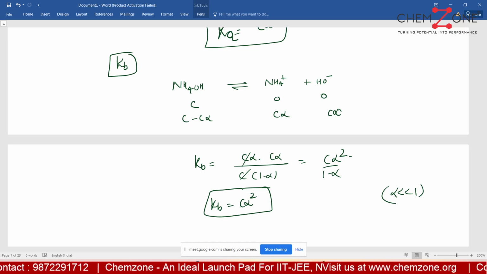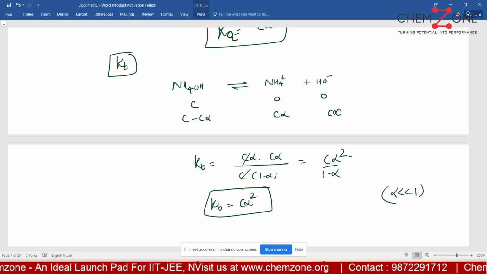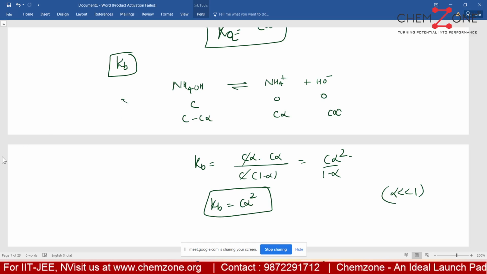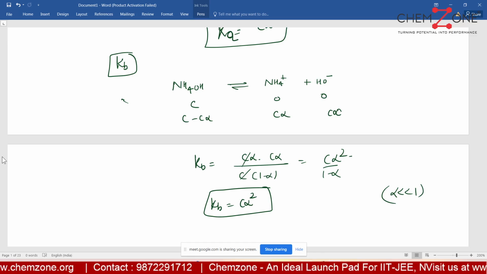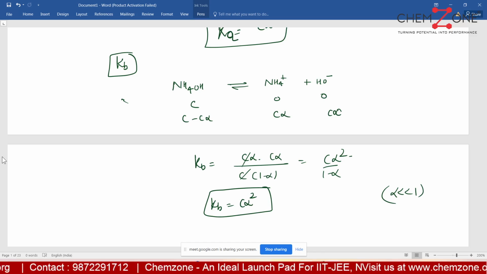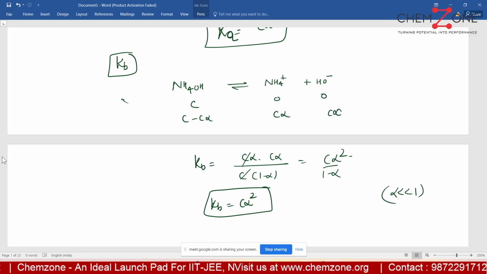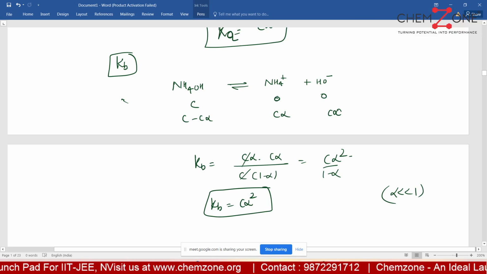So sir, C means concentration, right? C for concentration, initial concentration. So if the NH4 plus and OH minus have an initial concentration of some other value, then no, at the denominator, it is not possible to have another value.